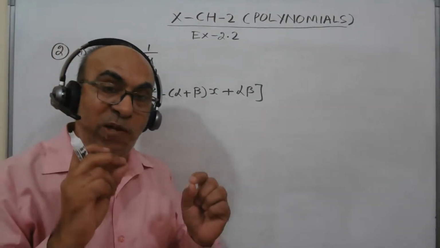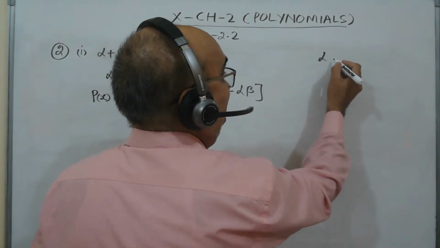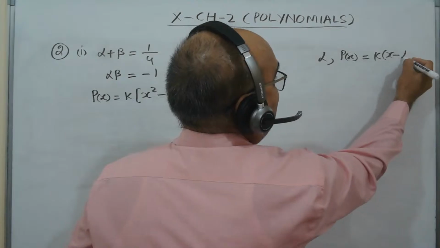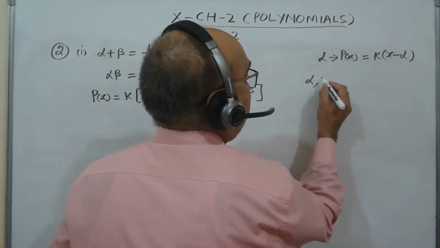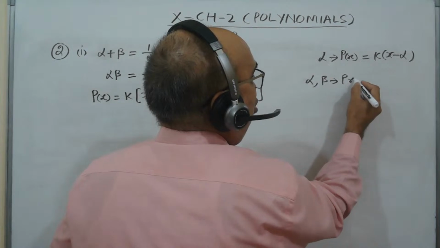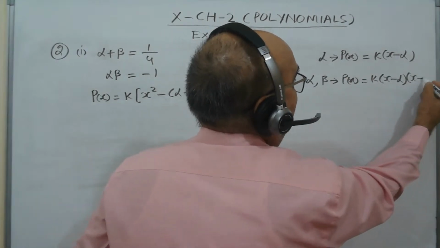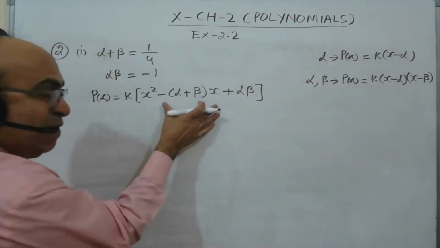But the basic concept I would like to tell you: if one zero is given, suppose alpha, then the polynomial will be k(x minus alpha). If two zeros are given, then the polynomial will be k(x minus alpha)(x minus beta). When you open these two brackets, you will get this one.